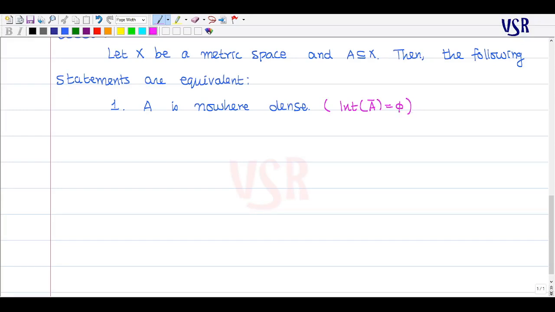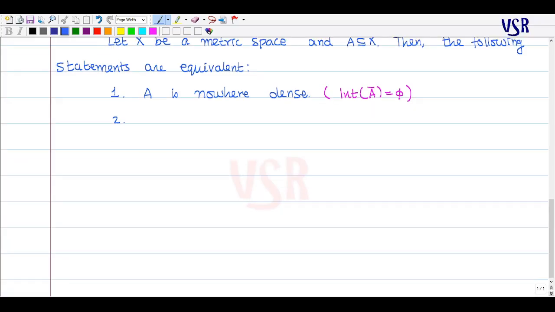Number 2: A closure does not contain any non-empty open set.